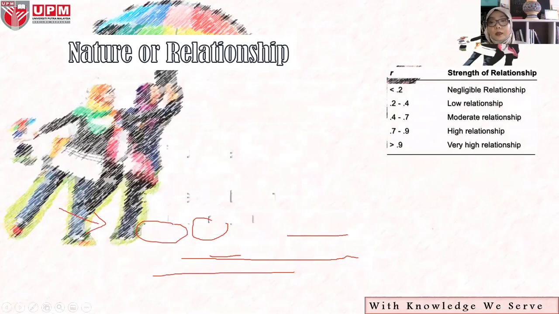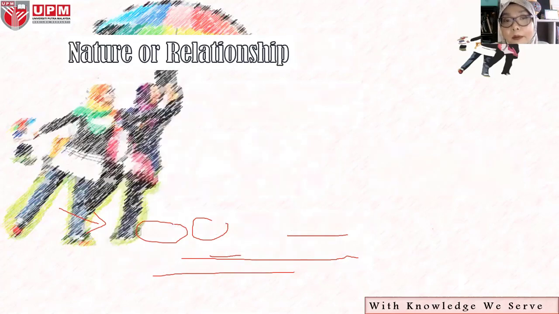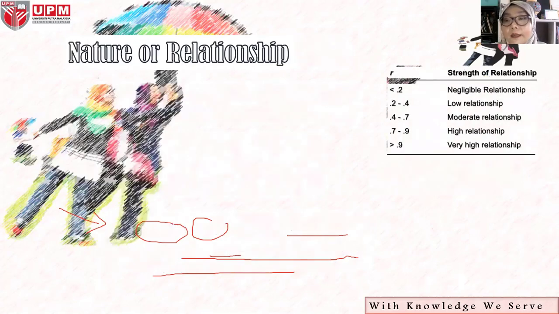So we are done in coming up with the conclusion regarding the significance of the result. But based on the R value itself, 0.341, we now need to elaborate further on the direction and the strength of the relationship.